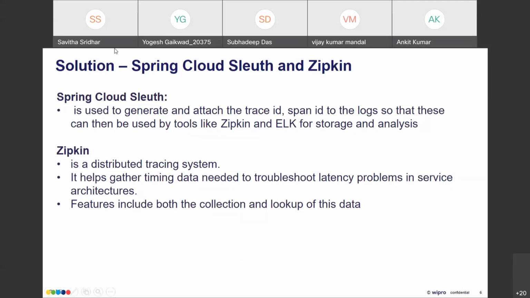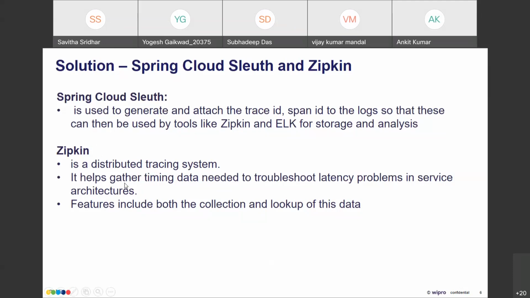So the first product that I will use is Spring Cloud Sleuth. Please note, Sleuth is what will generate the token. The token will consist of something called trace ID, span ID, etc. I will elaborate on that in the next few slides, don't worry. Now, we can also use Zipkin. Zipkin is a distributed tracing system. It's like a small dashboard.